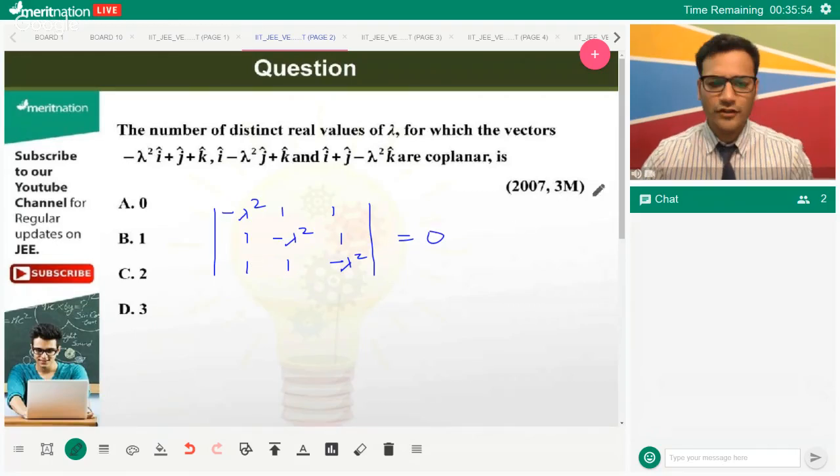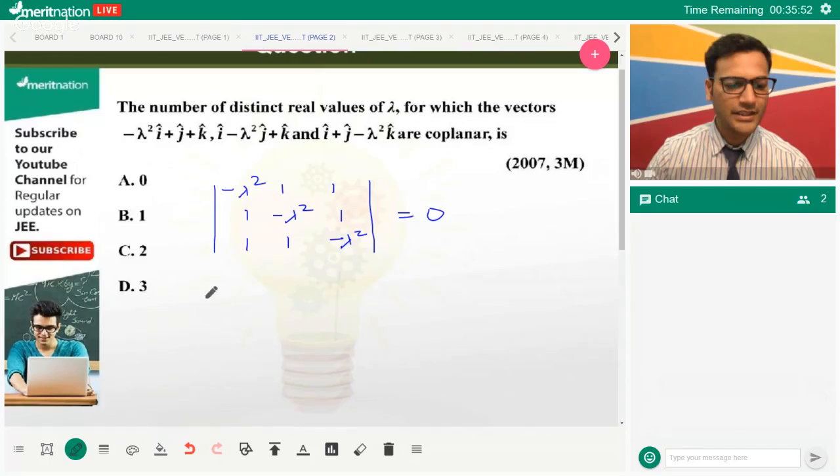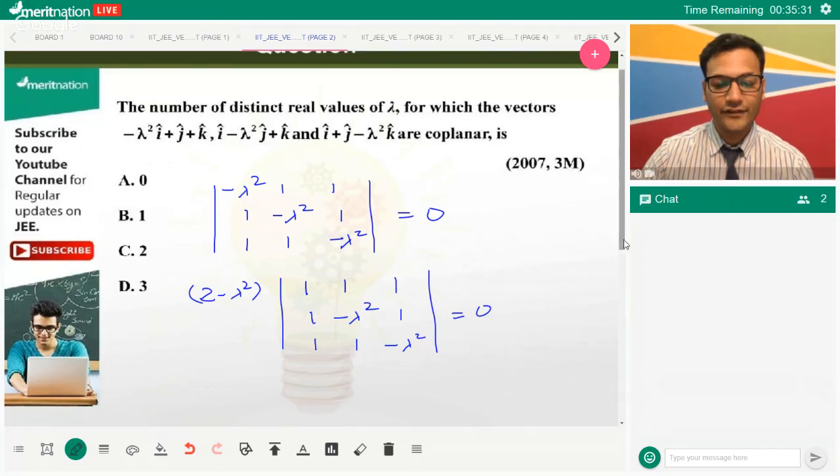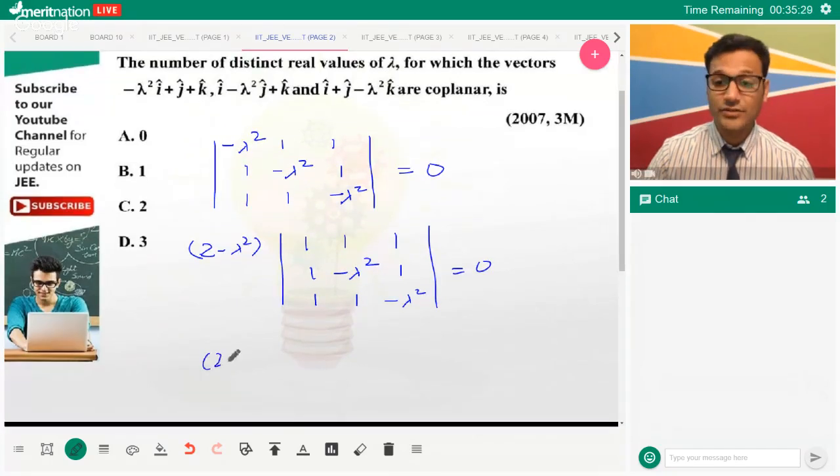If I want to solve it, it's simple. It's just a determinant, so we'll be able to solve it very quickly. We can see one thing, that we can add all the rows and we'll get that stuff outside. So we can take 2 minus lambda square as common. We'll get a 1, 1, 1 over here. Though you can directly calculate the determinant as well, this will break everything into factorized form, so it'll be simple for us to identify it.